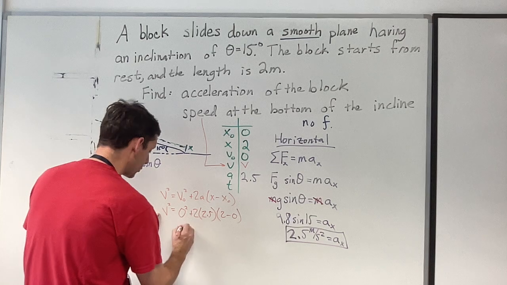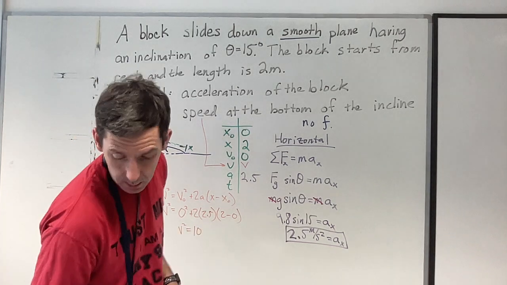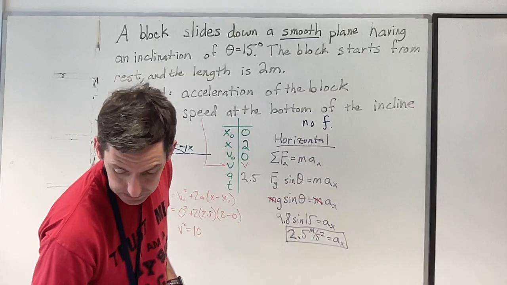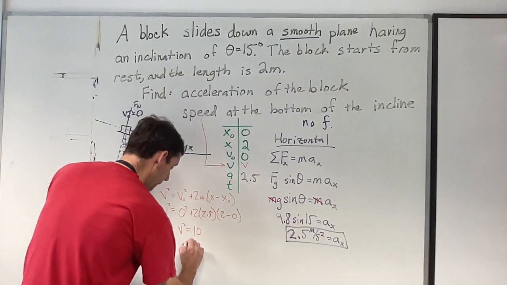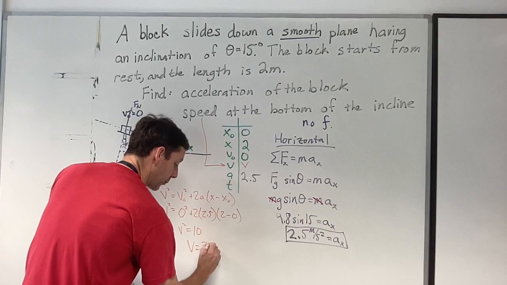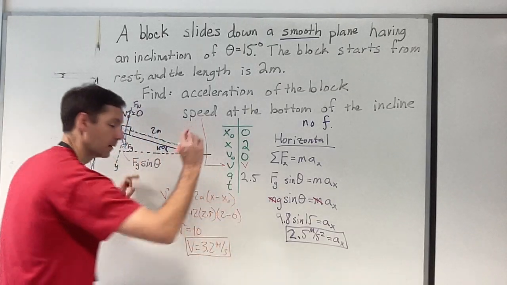So v squared equals 10. Now I do need to square root that, and I'm going to get 3.2. So v equals 3.2 meters per second.